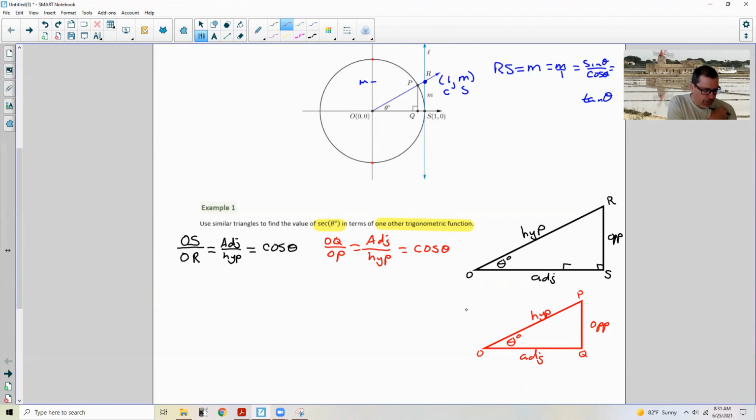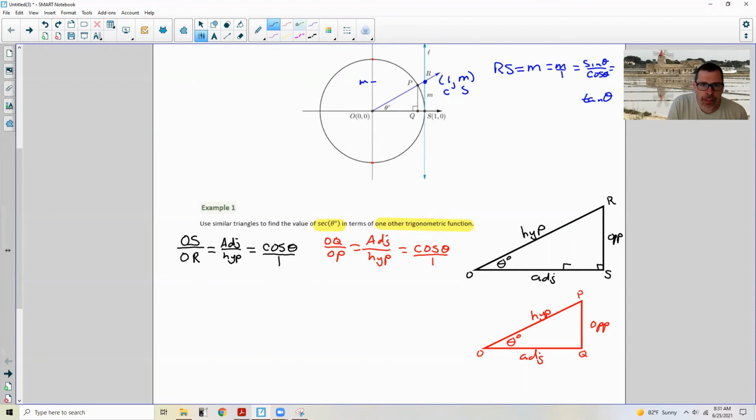With what we just learned, we're going to do inverses here. Secant is an inverse. So let's make these fractions. Anything divided by 1 is that same thing, so cosine of theta is the same as cosine theta divided by 1. Now I have a fraction, cosine theta over 1. Now we're going to set up a proportion, and I'm going to take not OS over OR, but OR over OS.